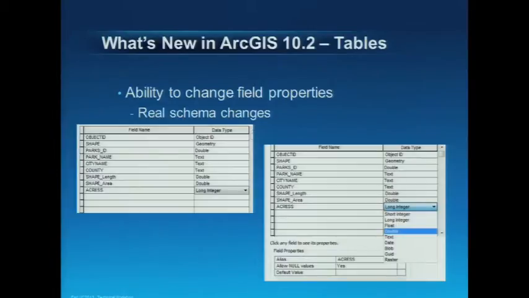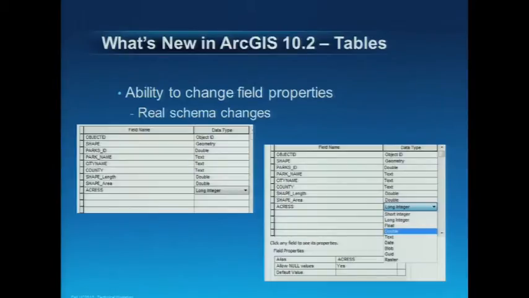You can have a field, and if you make a little mistake and forgot to put the right data type, what are you going to do? Well, you have to delete the field and re-add the field. Right? But now at 10.2 you will be able to change the field as long as you don't have data associated to it.